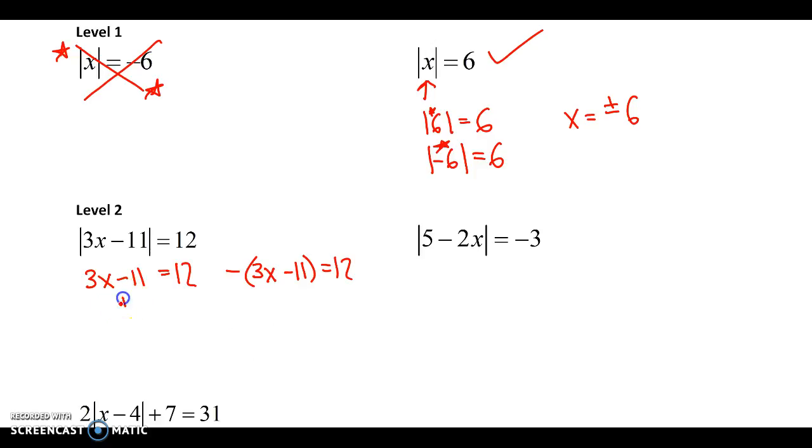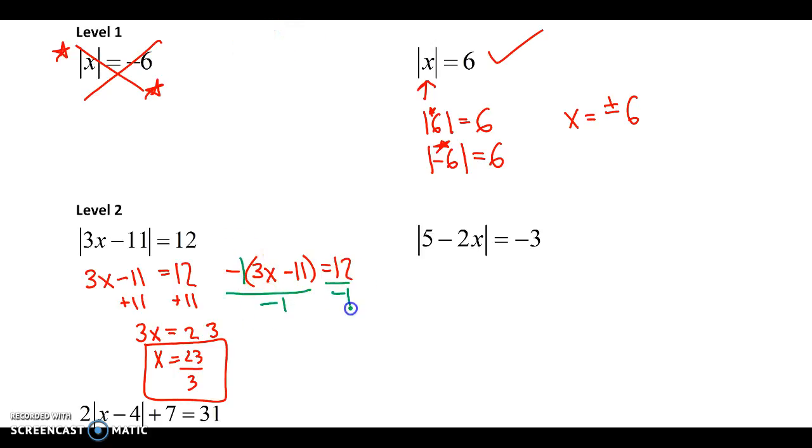So I'd actually solve this and say I have to add 11 to both sides. I get 3x equals 23. So x would be 23/3. That's one option. Now in this case, there's two ways to solve. You could distribute the negative, or really this value here is a -1, so you can divide both sides by -1. If you do that, you get 3x minus 11, because these cancel, equals -12.